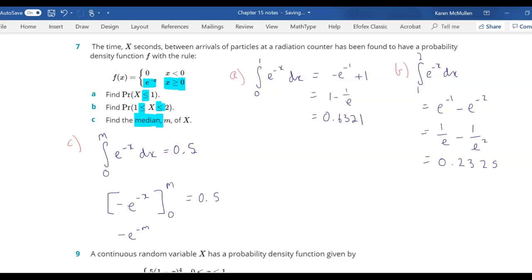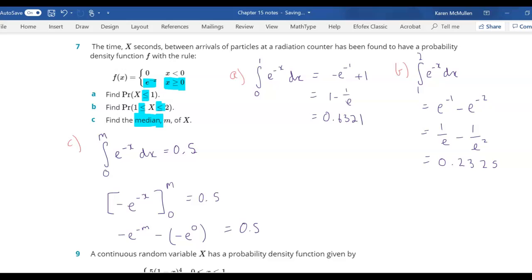And then we've got to put in the 0, so we've got negative. Now, don't go thinking every time you substitute in 0, it's going to be 0. For this one here, because x is in your power, it's 0, and anything to the power of 0 is 1. So effectively, this is going to become 1, but I'm just going to do the substitution first. So minus negative e, we don't write negative 0, so I'll just write 0. All right, and that's equal to 0.5.